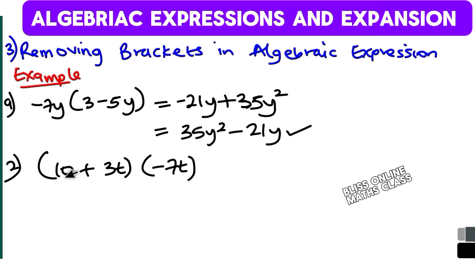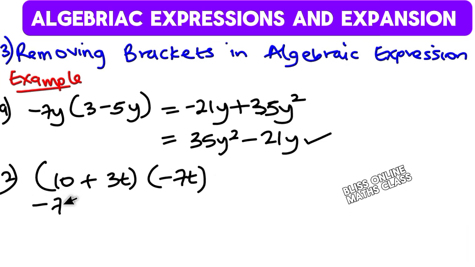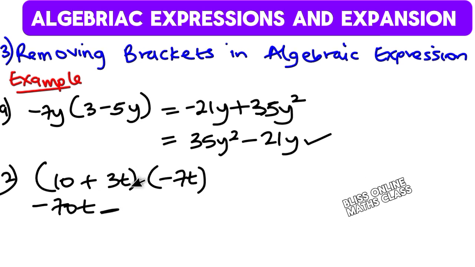So 10 times minus 7t, 10 times 7 is 70. So since we have a negative sign, it will be minus 70t. Plus times minus, plus 3t times minus 7t. Plus times minus is minus. 3t times 7t will give us 21t squared. And that's our answer.